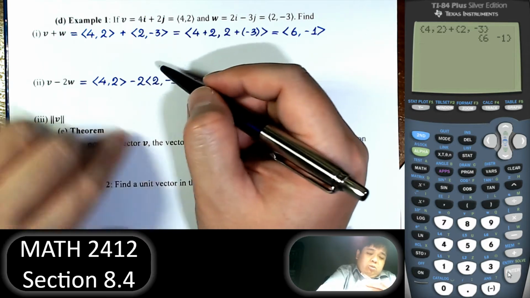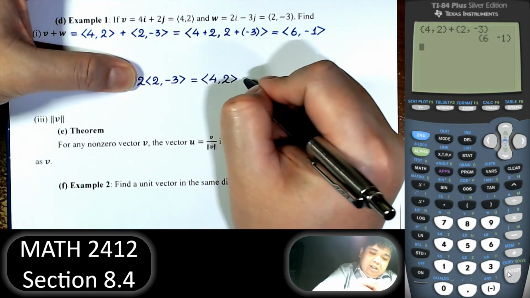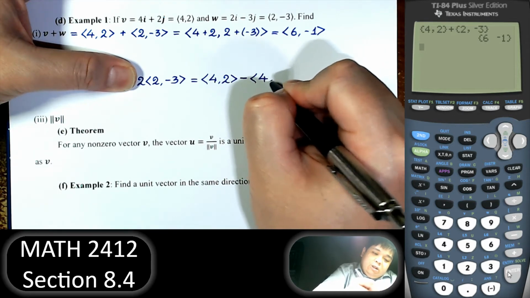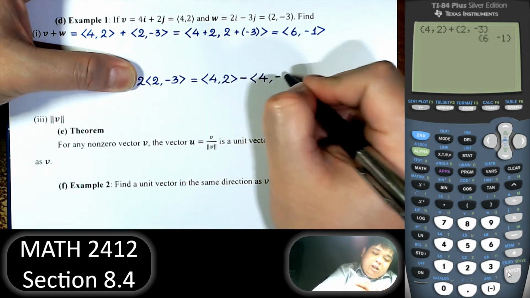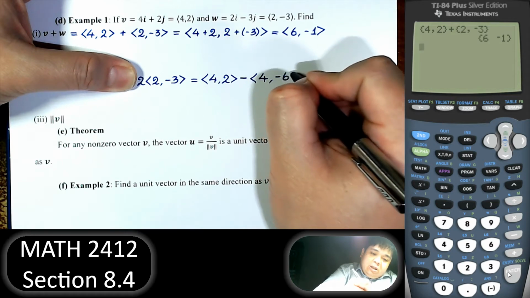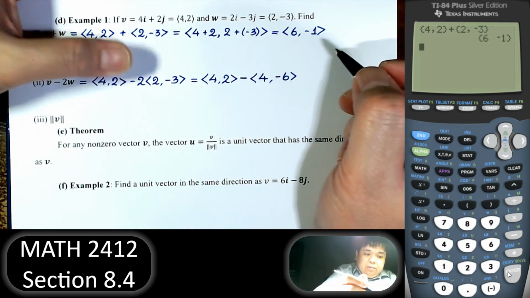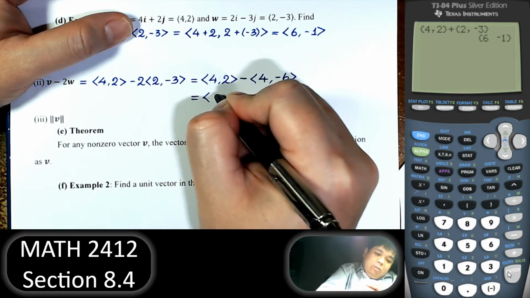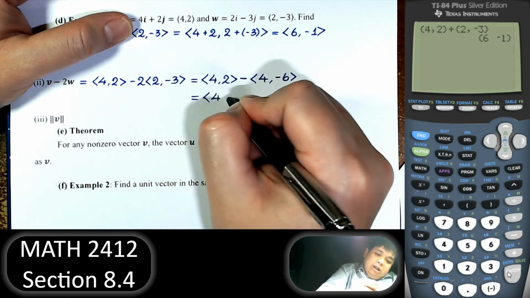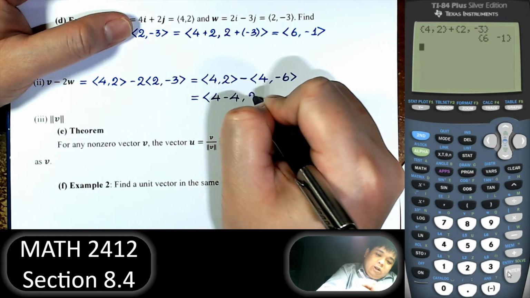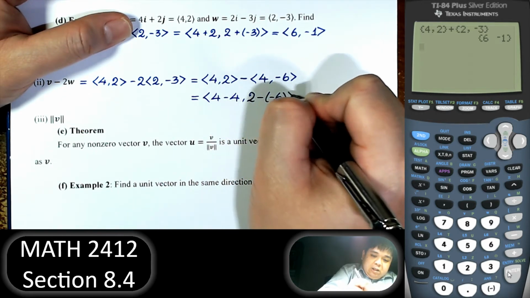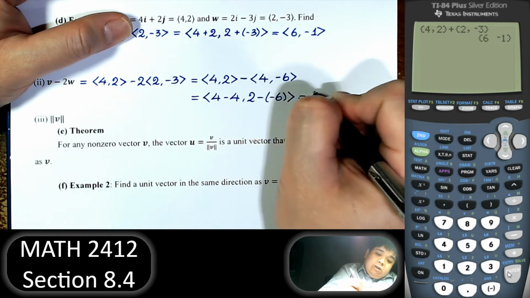Just multiply the 2 through, and we'll still subtract. 2 times 2 is 4, 2 times negative 3 is negative 6. And now we combine them. 4 subtract 4, 2 subtract negative 6. And we have 0 and 8.